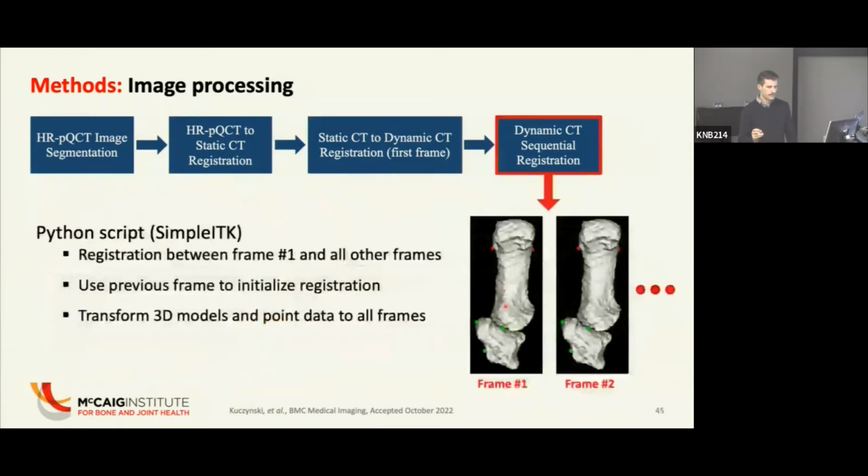And then finally, to move between all of our dynamic CT frames, we had about 60 frames per cadaveric specimen. We use a sequential registration approach that used the information from the previous frame to initialize the registration. And this way we can move all of our landmarks and our bone masks to every single dynamic CT frame.